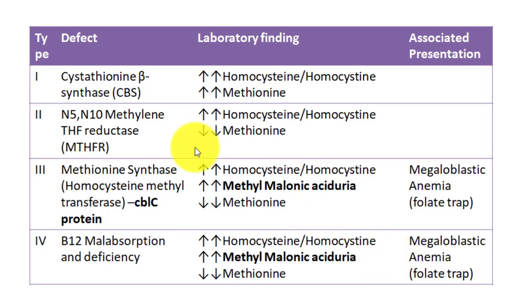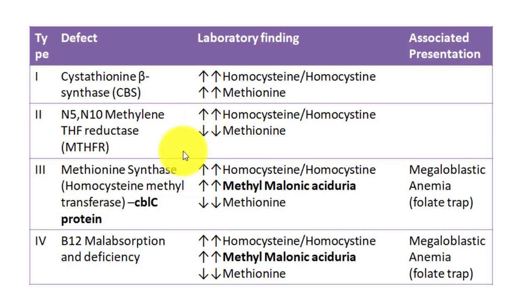So laboratory diagnosis: first is cystathionine beta synthase deficiency, that is classical homocystinuria. In classical homocystinuria, both are high, homocysteine and methionine both are high. But in non-classical homocystinuria, we will see the reverse trend.